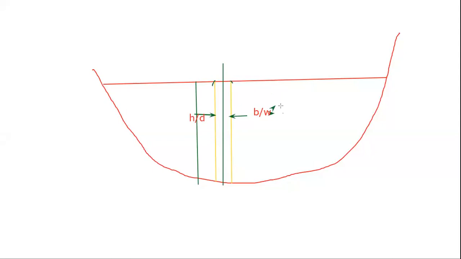So for deep streams or rivers जहाँ पे डेप्थ बहुत ज्यादा रहता है, वहां पे 2 पॉइंट पे वेलोसिटी मेजर किया जाता है. एक रहता है 0.2 पे और दूसरा रहता है 0.8 पे, यानी कि 0.2 is nothing but 0.2d or 0.2h we can say. So here it will be 0.2d and this will be nothing but 0.8d we can say.